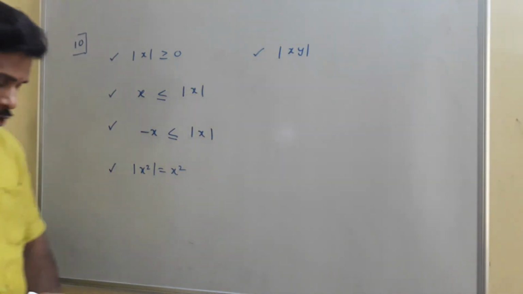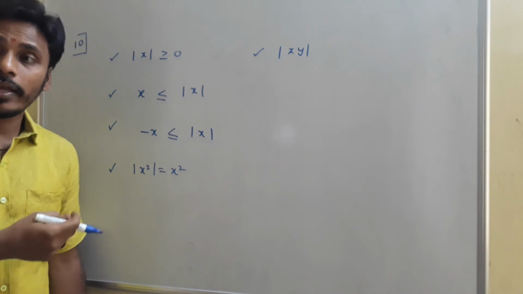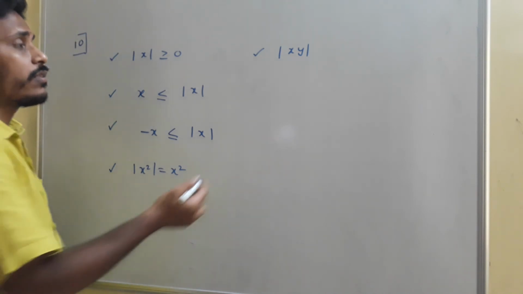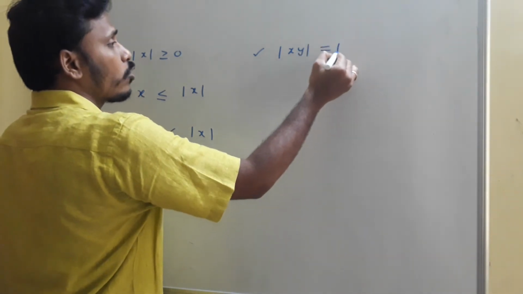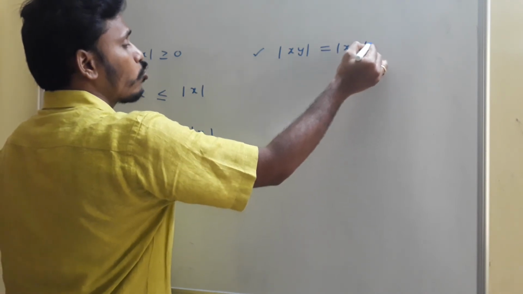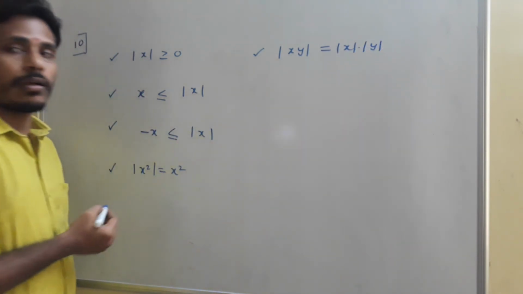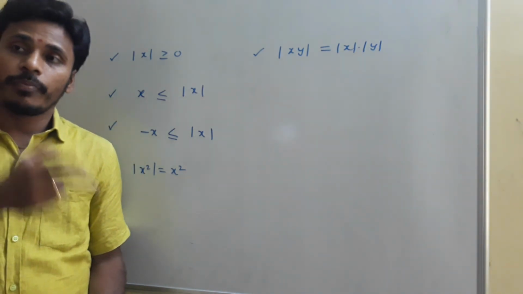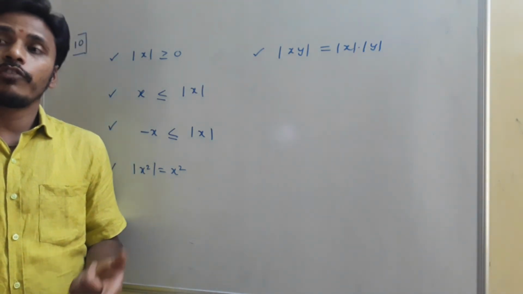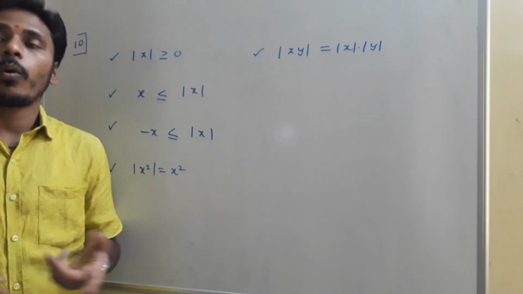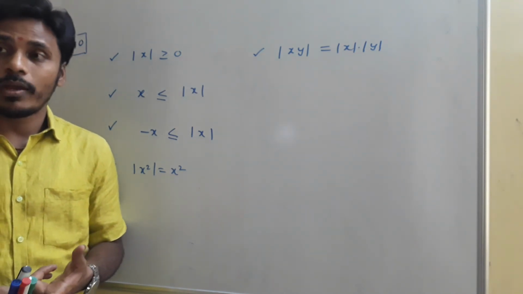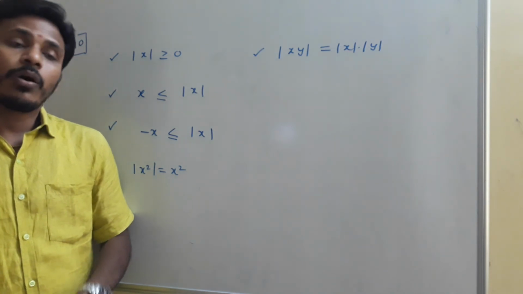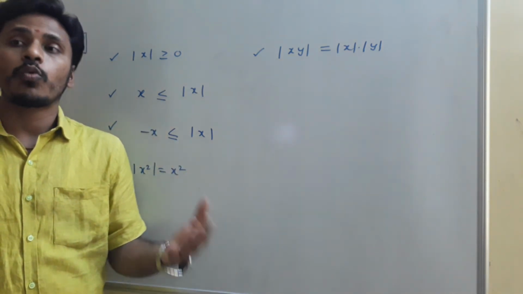What do you say about modulus of x into y? Can I write mod x into y as mod x into mod y? Just think about it. Whether it is right or wrong. To check, you need to think from the directions of x and y. If both x and y are positive, what will happen? If both x and y are negative, what will happen? And you need to check if one is positive and one is negative.